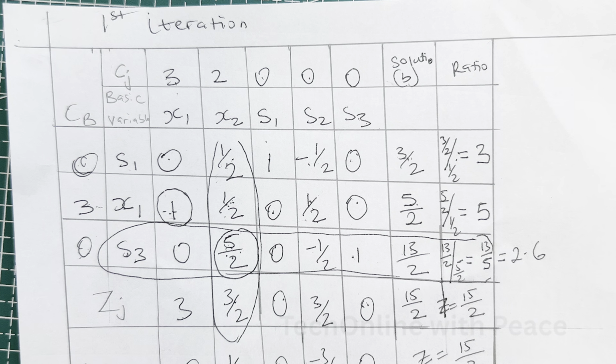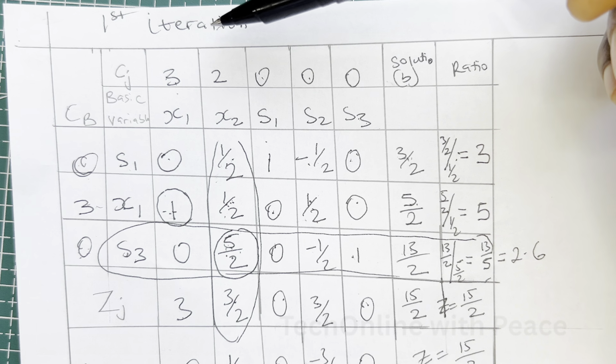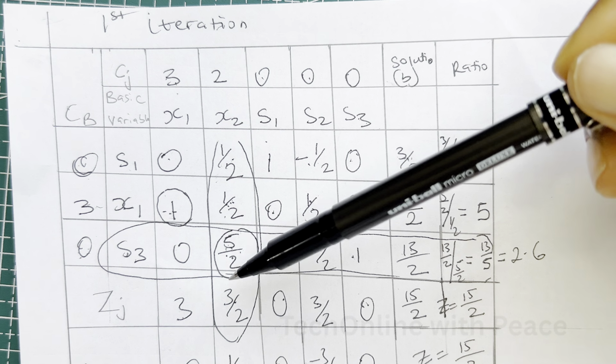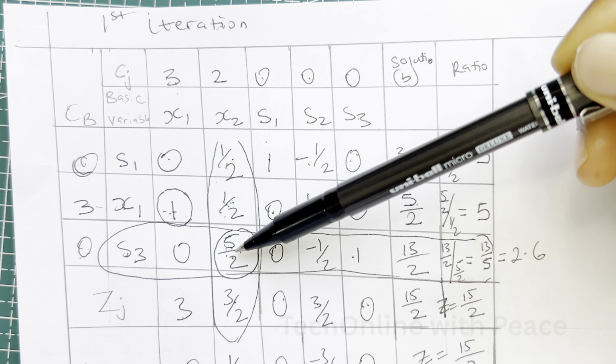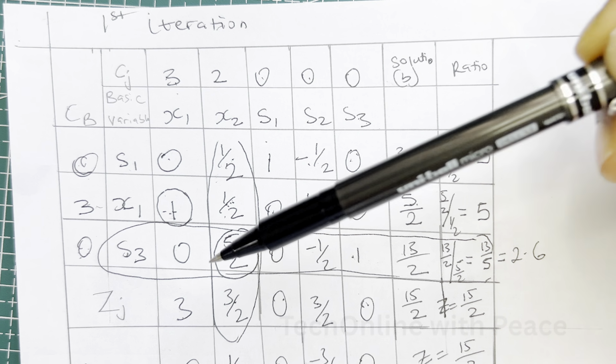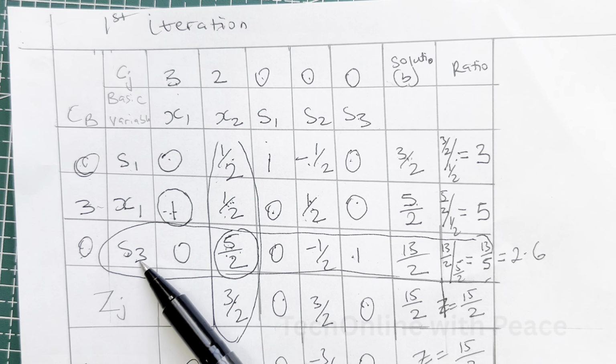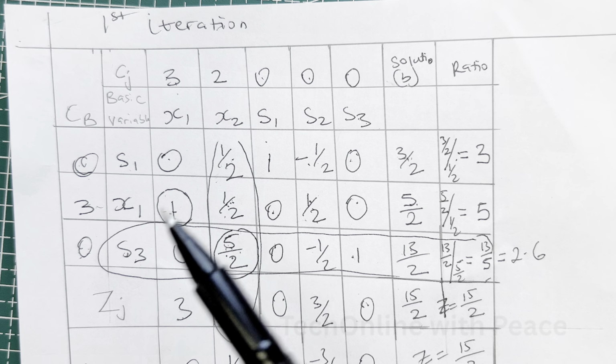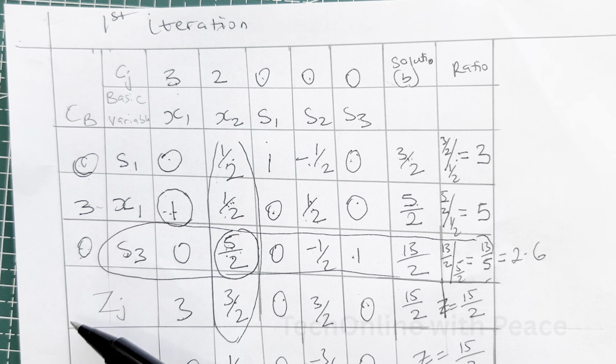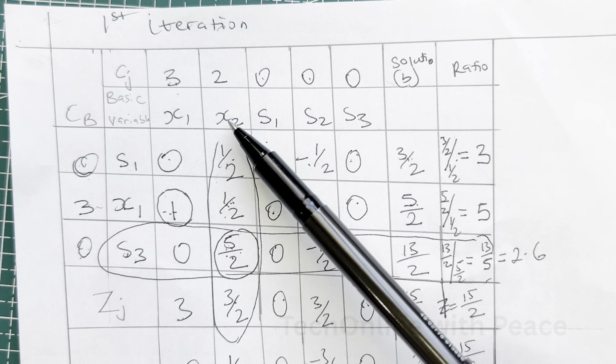The next thing is to find the second iteration, because this is our first iteration here. So we're going to form another table. Remember, this is our key element or pivot. So from here, S3 is our leaving variable and S2 here is our entering variable.